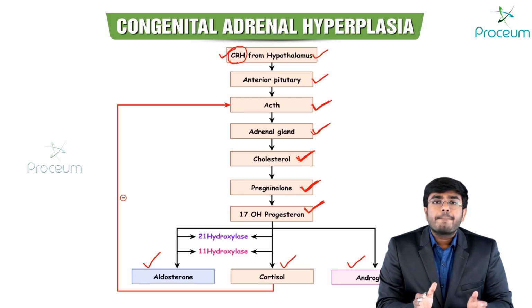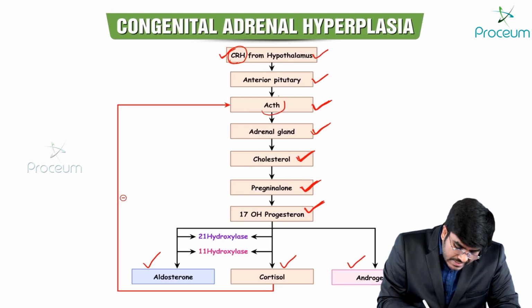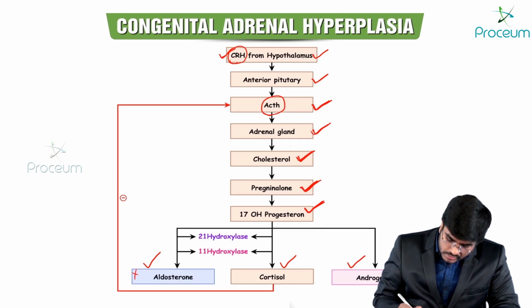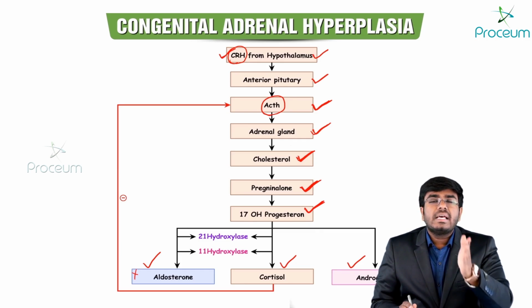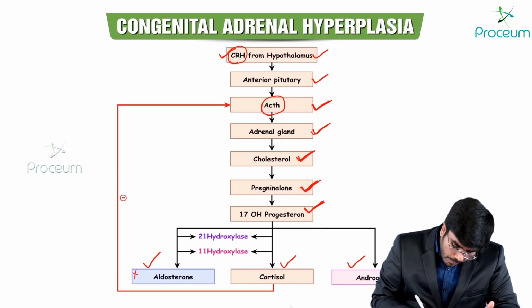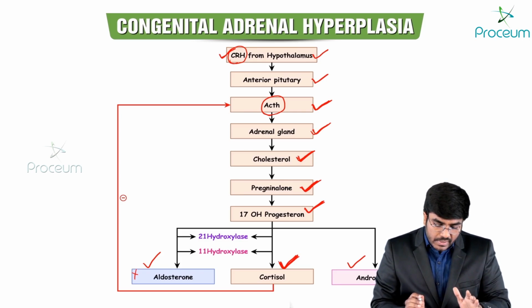Important point is that the main aim of this ACTH is not aldosterone production or androgen production. The reason why ACTH is there is for the production of cortisol. So what happens?